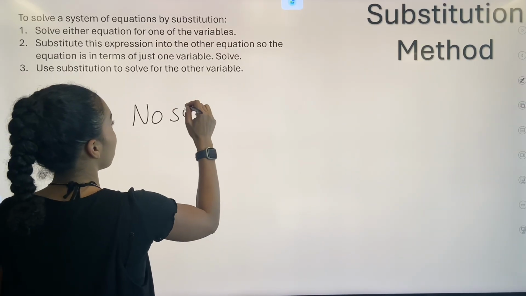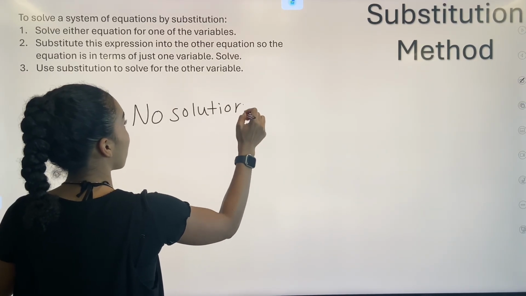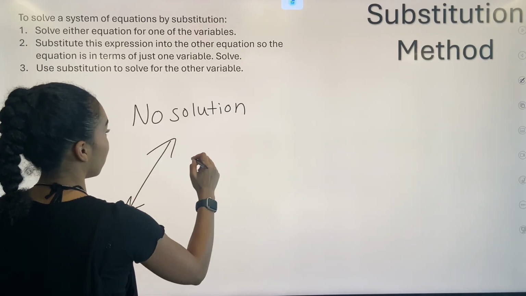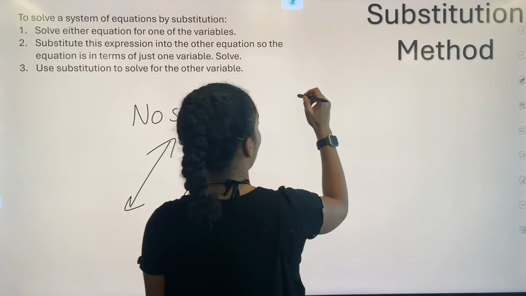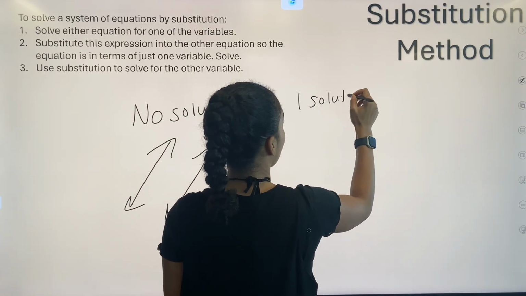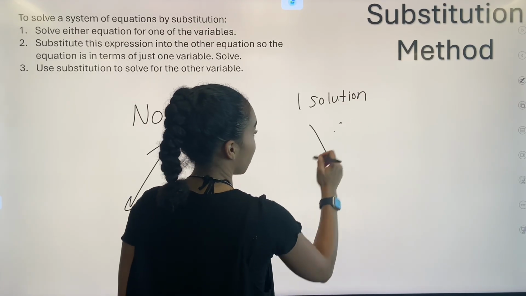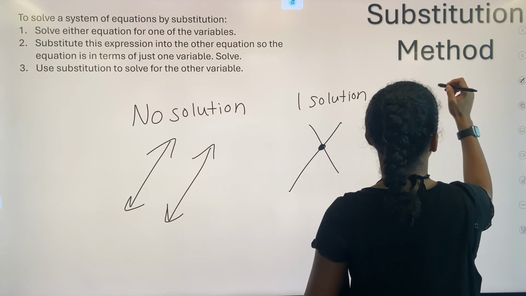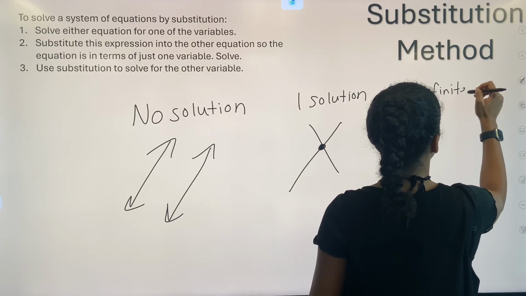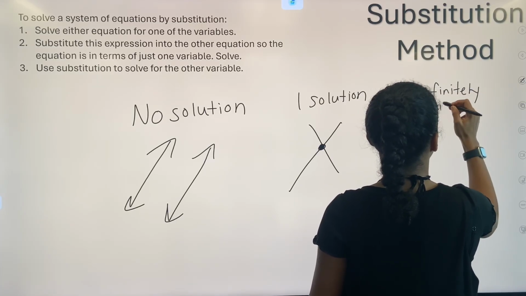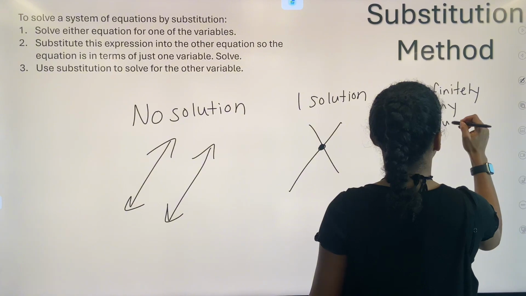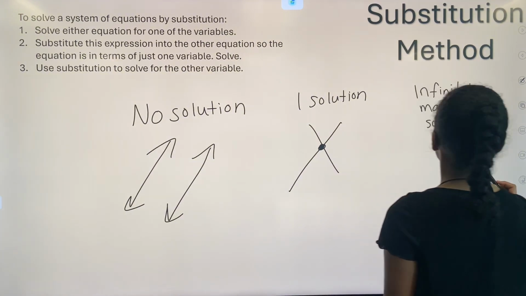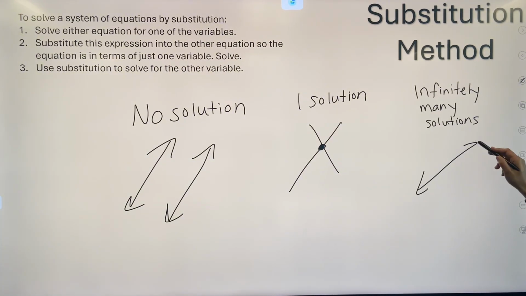No solution, meaning your lines are parallel. You get 1 solution, meaning your lines intersect at 1 point. Or you'll get infinitely many solutions. Meaning that they're the exact same line.